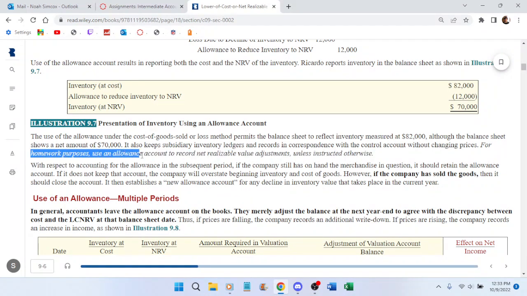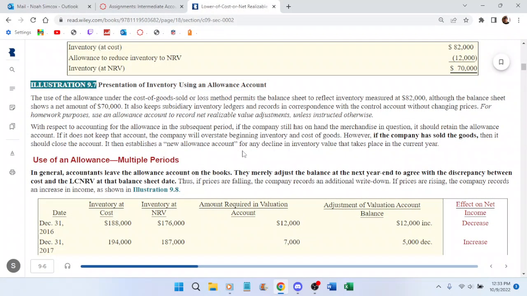For homework purposes, use an allowance account to record net realizable value adjustments. Okay.